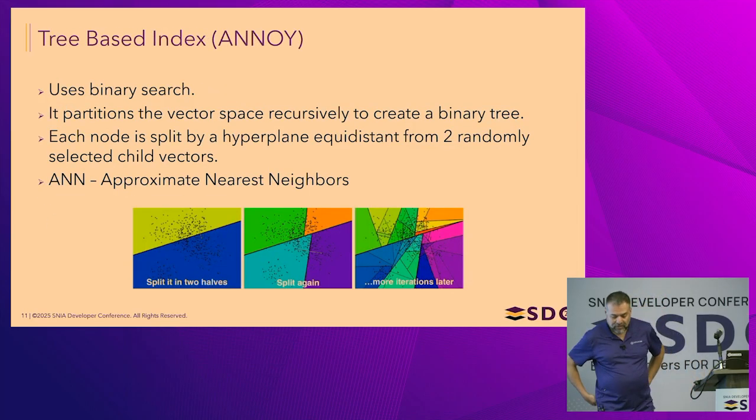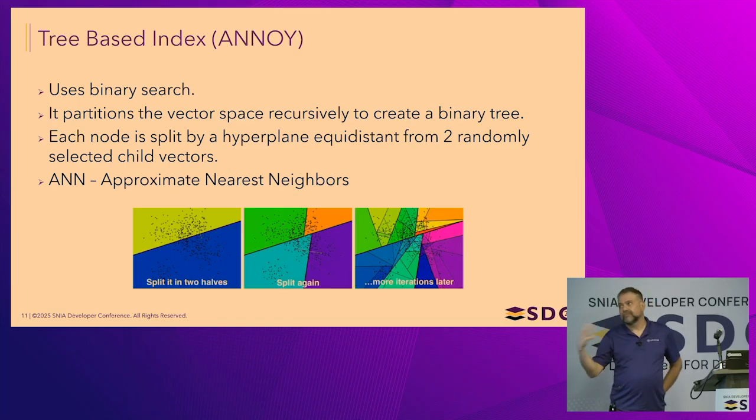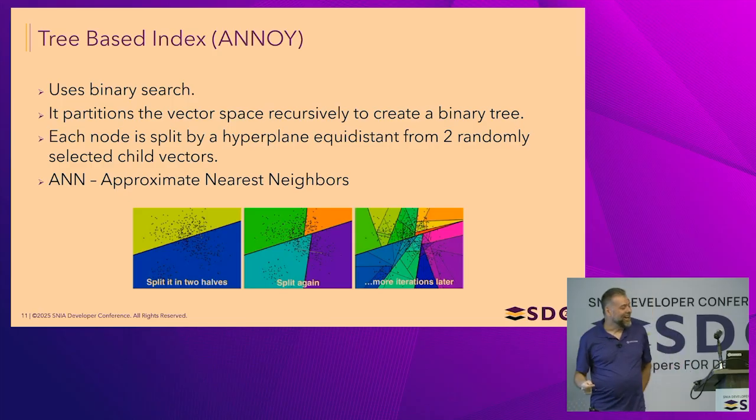Another very popular one is tree-based, which you can call Annoy as well, but it's another similarity search. It's a binary search, so you divide your vector space in clusters until you get sparse enough, or you have enough neighbors and connections.